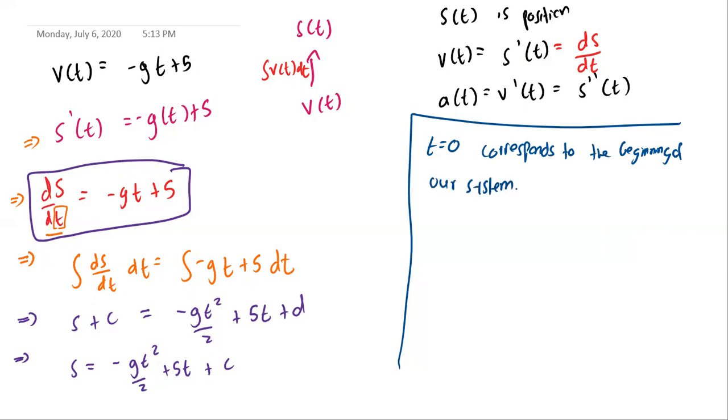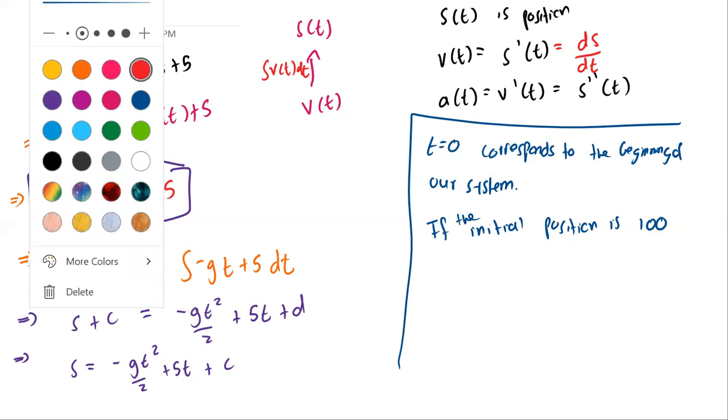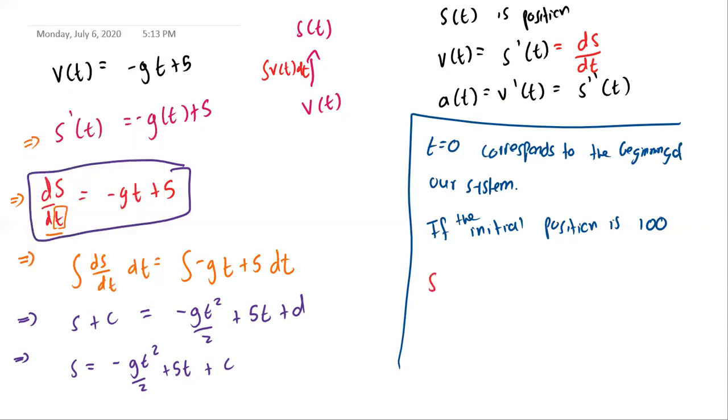So if we're given that the initial position is 100, well, how can we write that mathematically? Well, that's the position when t equals 0. Right? So s of 0, plugging 0 in for t, should be equal to 100.